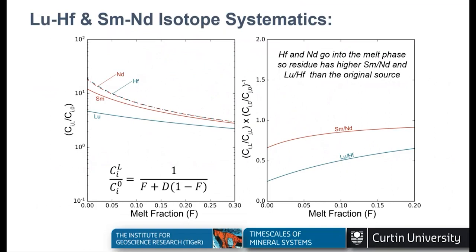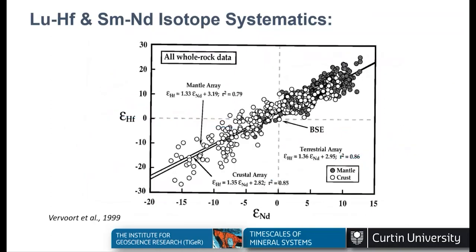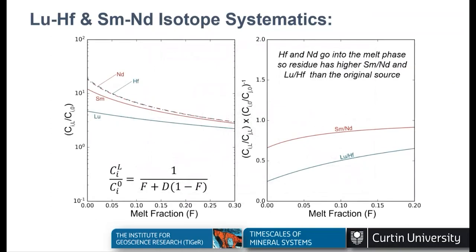Essentially, they're all incompatible elements, but the parents are less incompatible than the daughters. So the liquid or crust that you extract out of the mantle can be depleted in samarium and neodymium relative to lutetium and hafnium. And you can see that their partitioning behavior is basically identical, so in theory, they should behave identically.